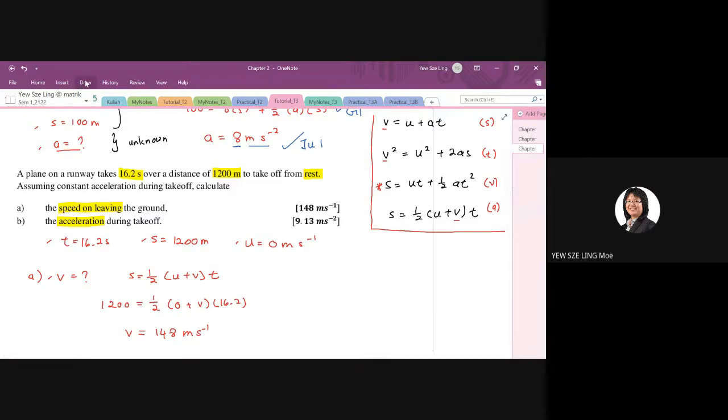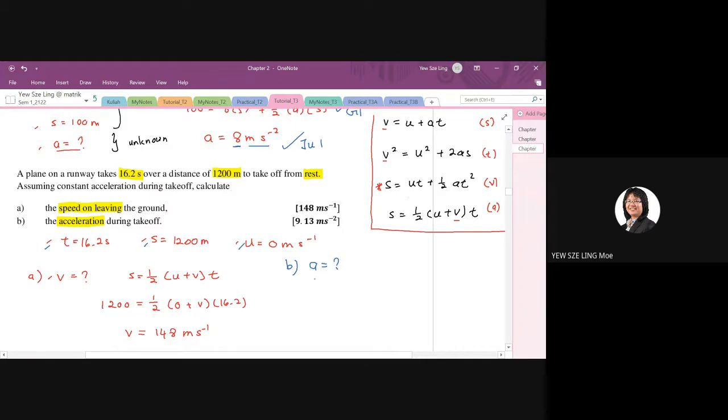All right, and then let's look at question B. Question B asks you to calculate acceleration. So a is unknown. Again, you look at the question. Now you have t, s, u, and you want to find a. Which means we are going to use the third equation because we don't have velocity.